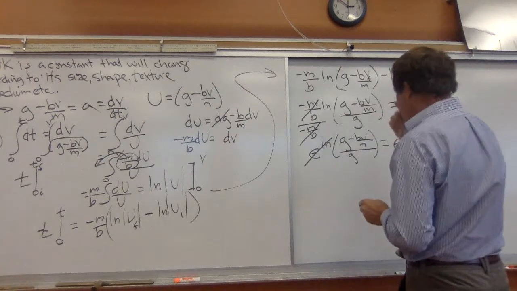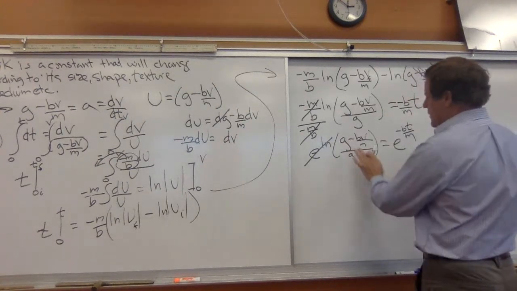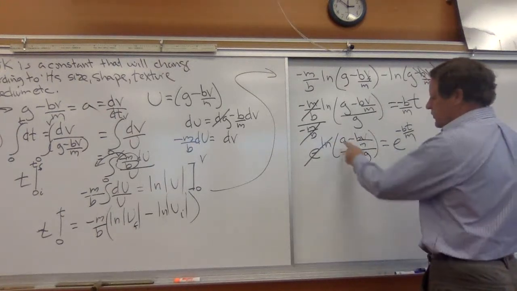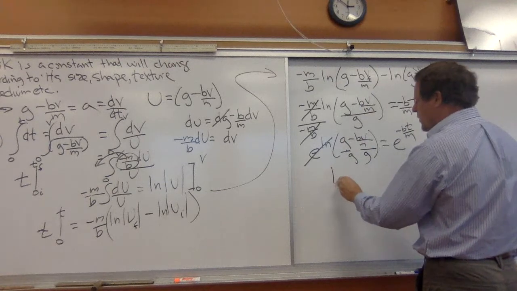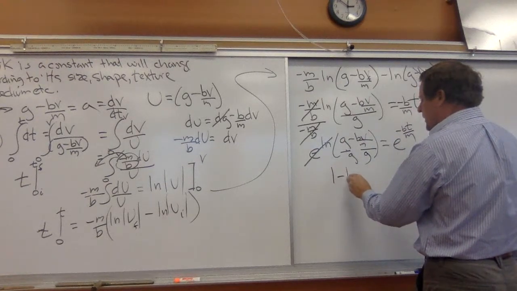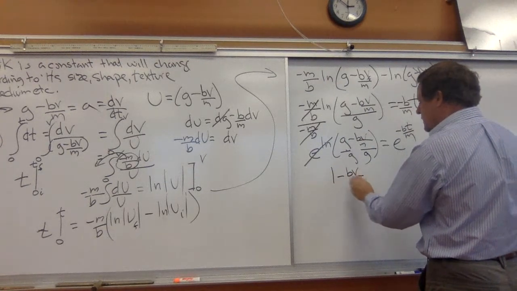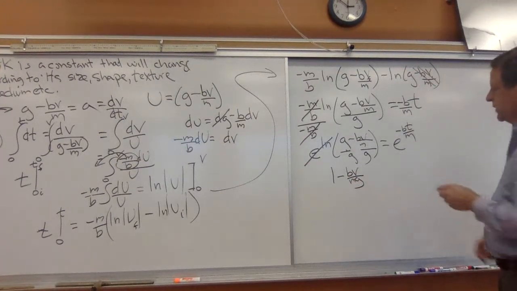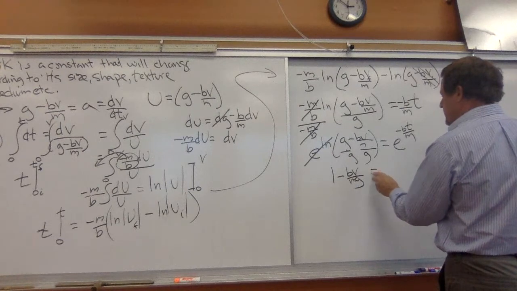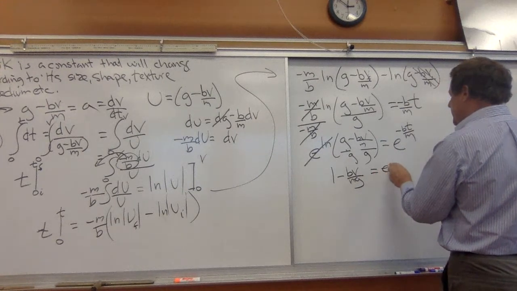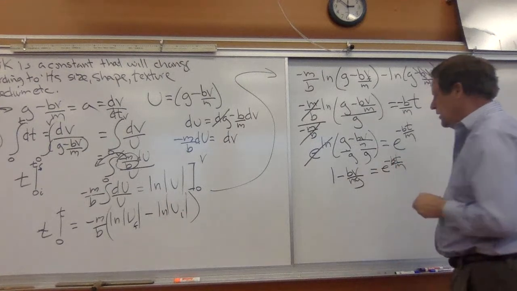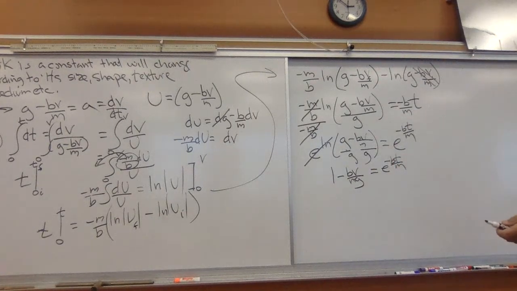We can simplify this and break it into two quotients: g over g is 1, minus bv over mg, and that is equal to e to the negative bt over m.